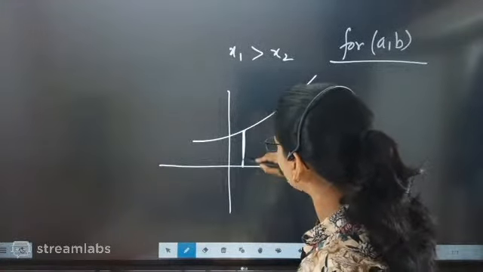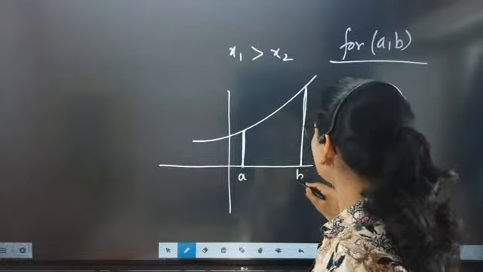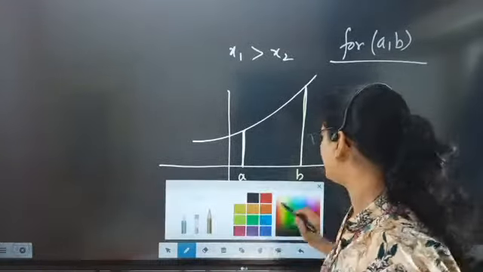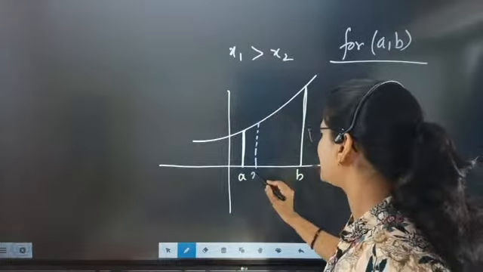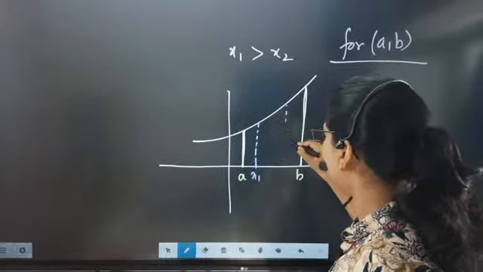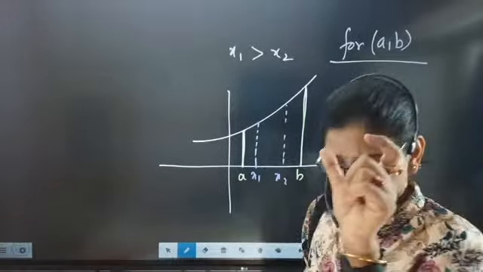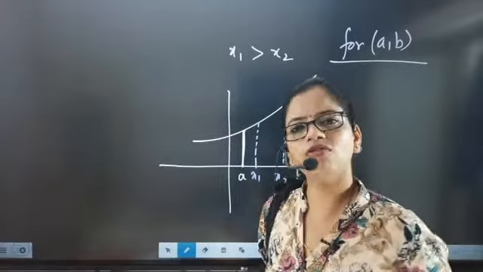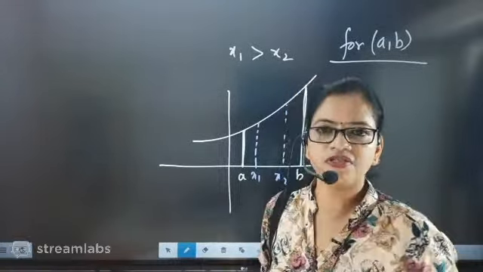Now look here beta, this part is A and this part is B. Now here we will select two values of x. The first value of x is x1 and the second value of x is x2, because first we have to select the interval. I cannot say everywhere the curve is increasing or everywhere the curve is decreasing.